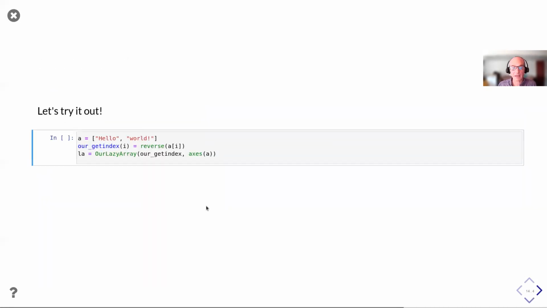So let's actually try this out. We're going to create a standard array. This is just a vector of 2 strings. And then we're going to define our function for fetching values from, in this case, the parent array. So it only takes as an argument the index I. So that's a counter going from 1. Julia starts indexing at 1.